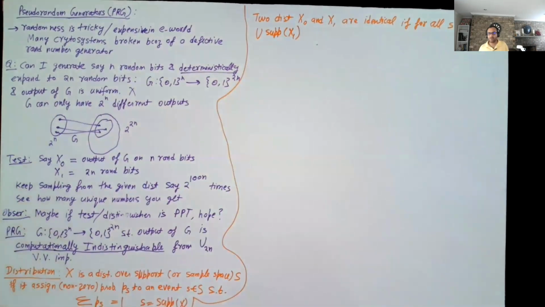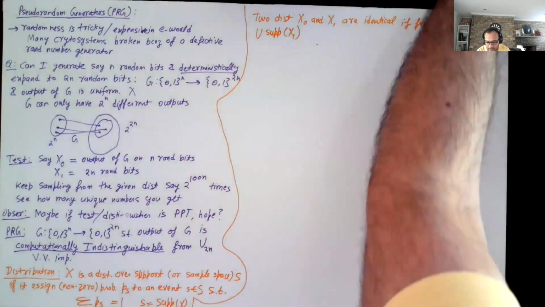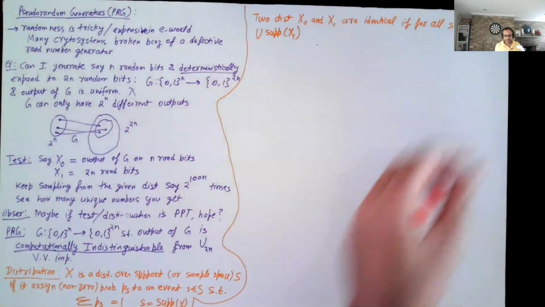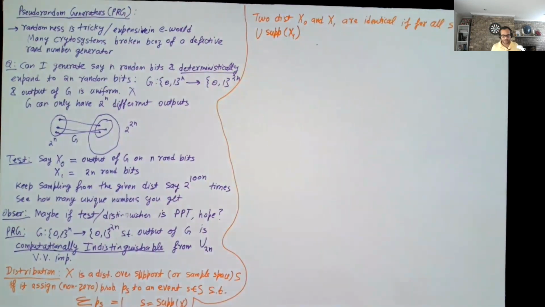S is also known as the support of X, just notation. So you look at every possible event, and essentially the probability of that event in X0 and X1 should be the same.